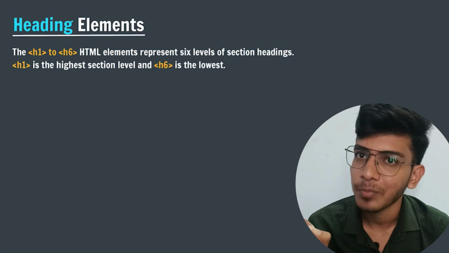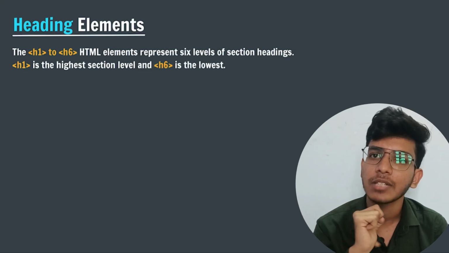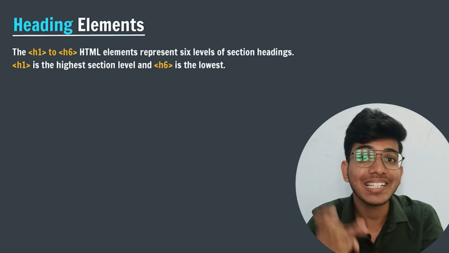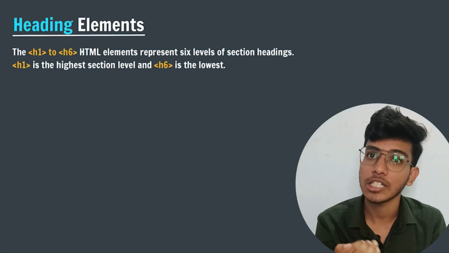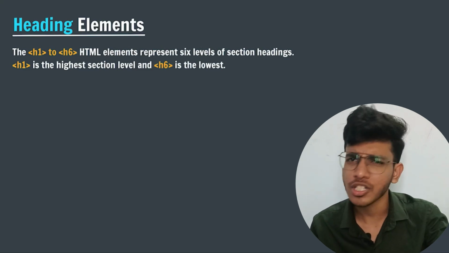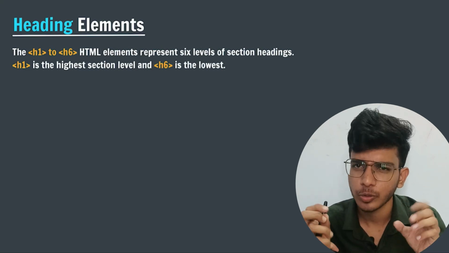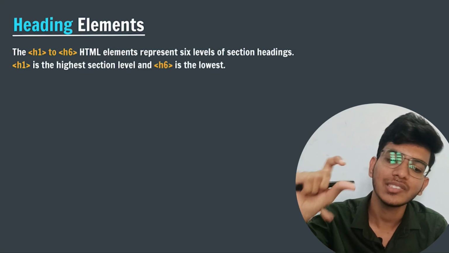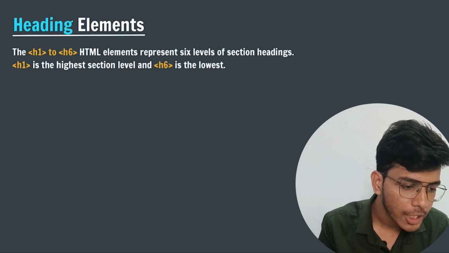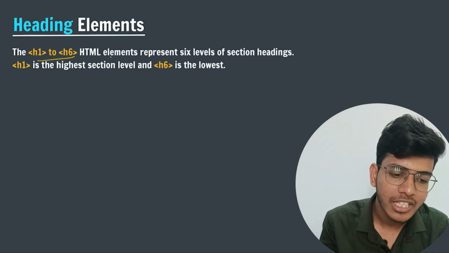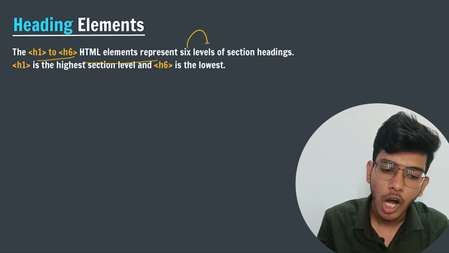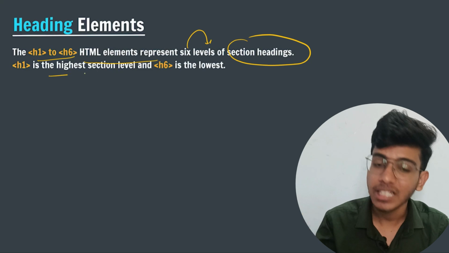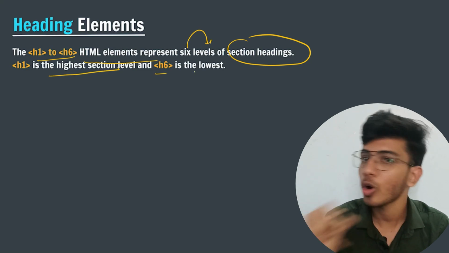If it is least important, then you will represent it with H6. As you go from H1, H2, H3, the size of the text will decrease. H1 will have large size, H2 will have somewhat smaller size, H3 will have again smaller size, and the last format is H6. So H1 to H6 elements represent 6 different levels of section headings. H1 is the highest section and H6 is the lowest section.